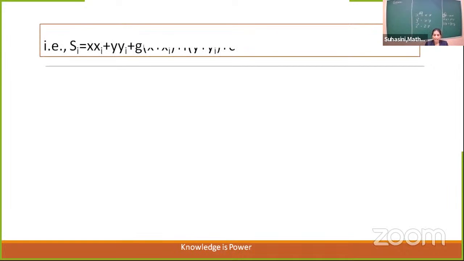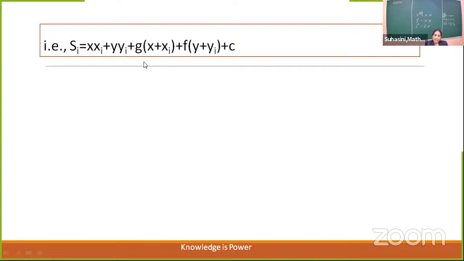In the PowerPoint it is denoted as S, in one step better, but it is S_i. S_i is equal to x x_i plus y y_i plus g into (x plus x_i) plus f into (y plus y_i) plus c. So this is our notation.